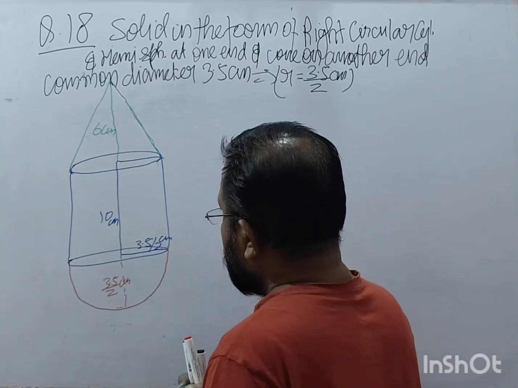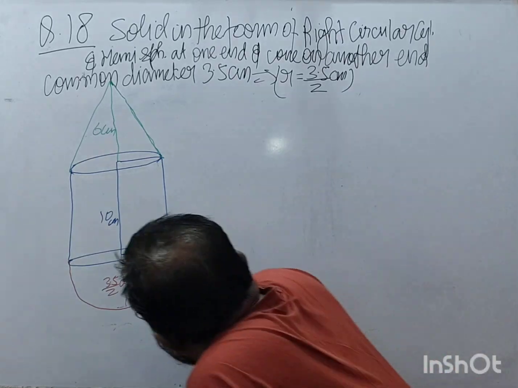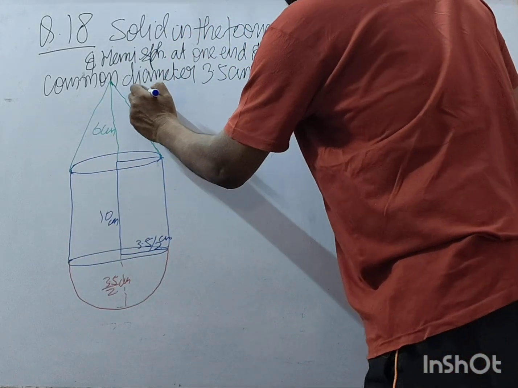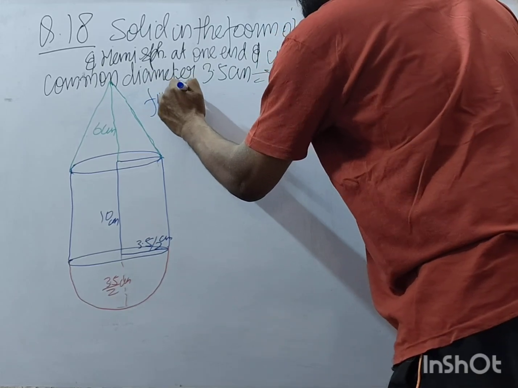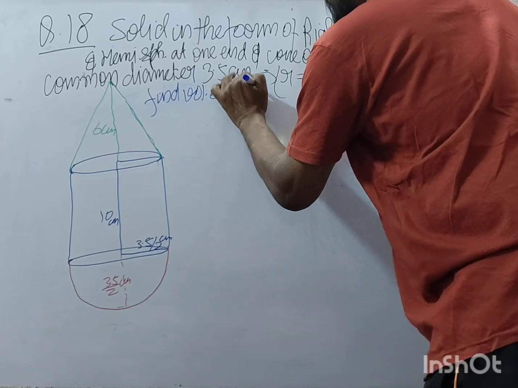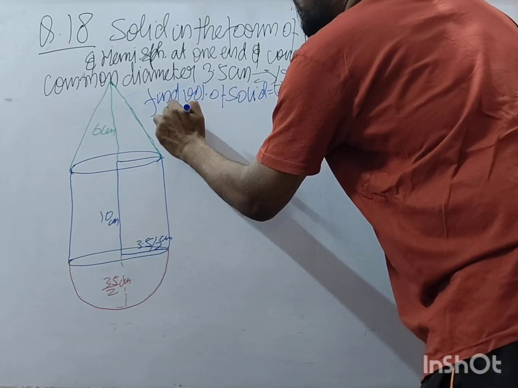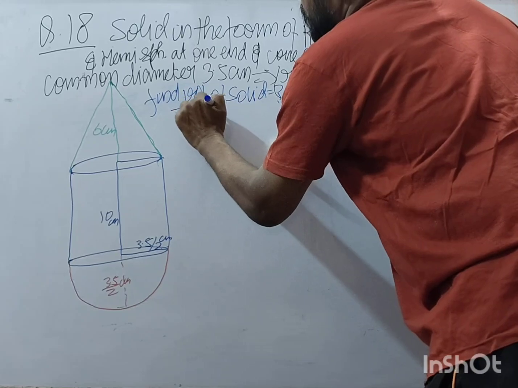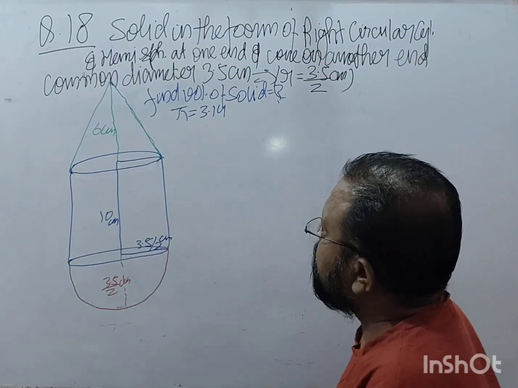Okay, so find the volume of the solid. Take pi as 3.14.